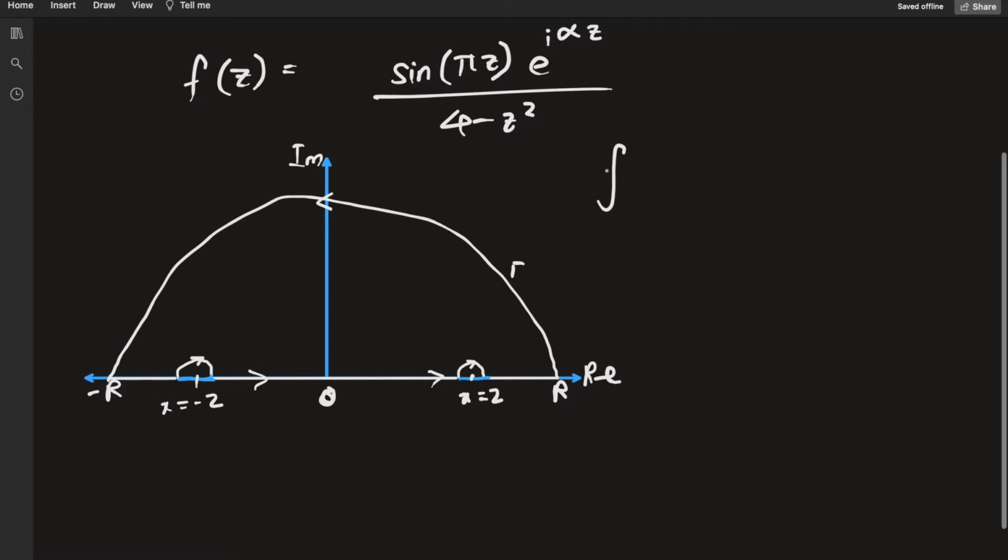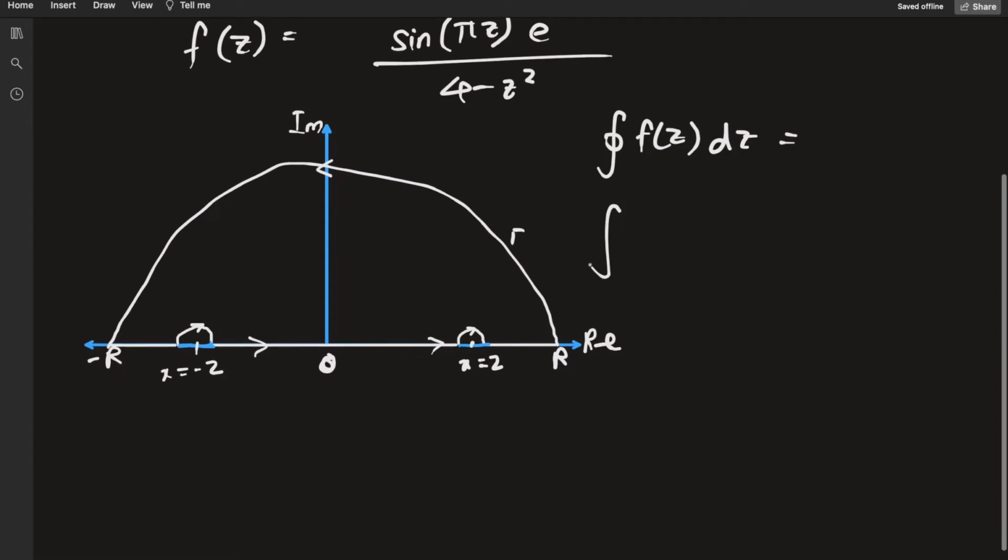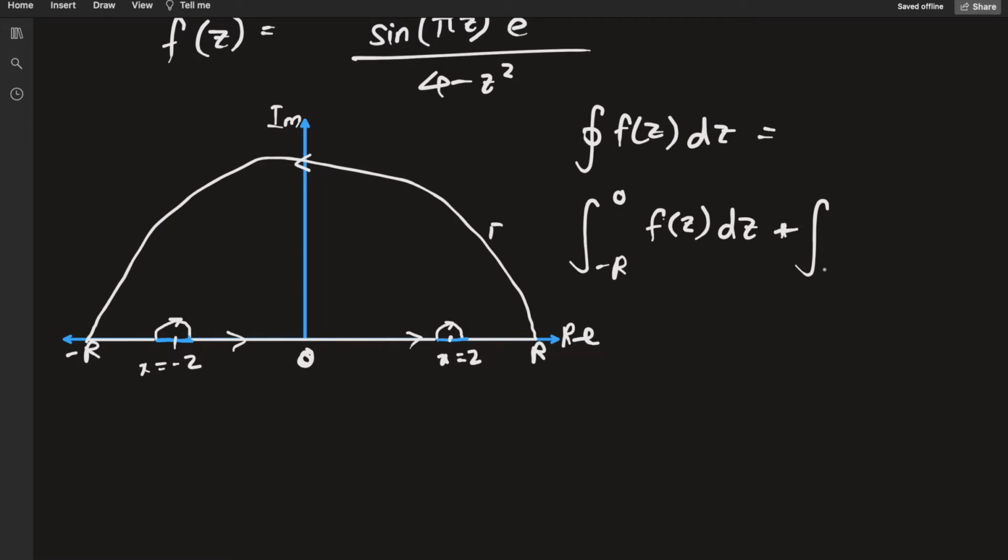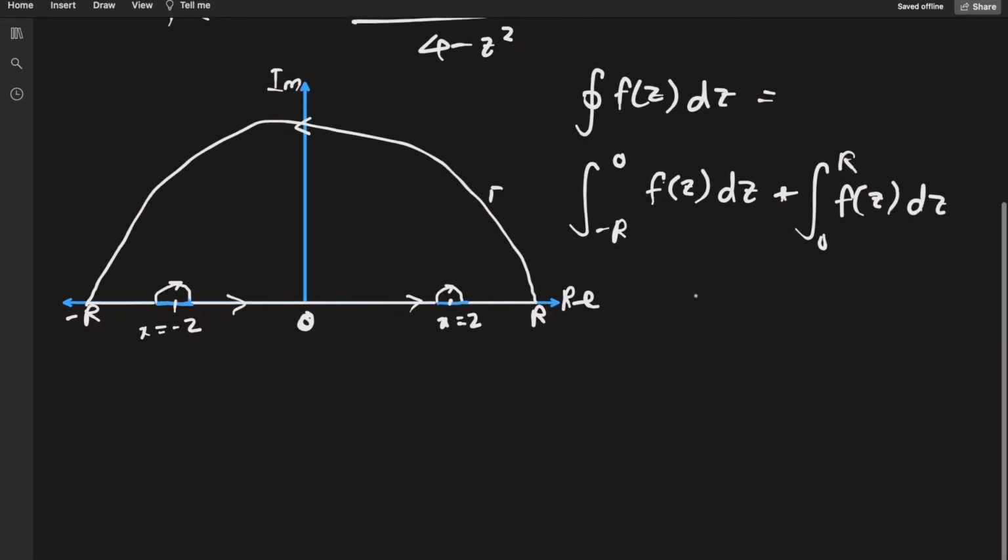Okay, so the contour integral of f of z dz is equal to the integral on the negative part, negative r to 0 of f of z dz, plus the integral on the positive part from 0 to r of f of z dz, plus the integral over gamma of f of z dz.